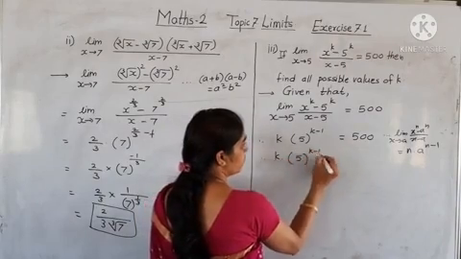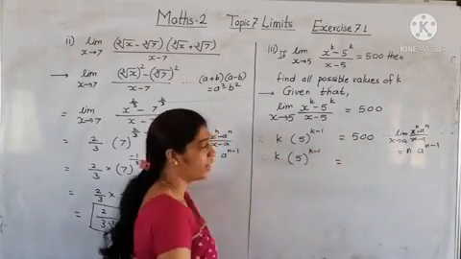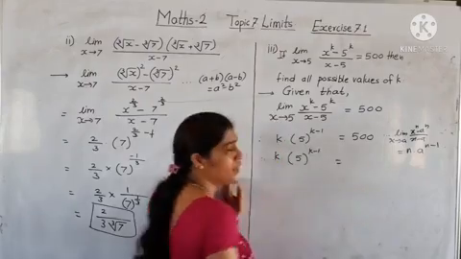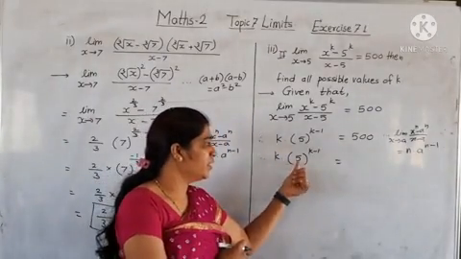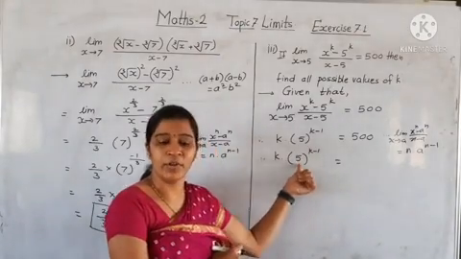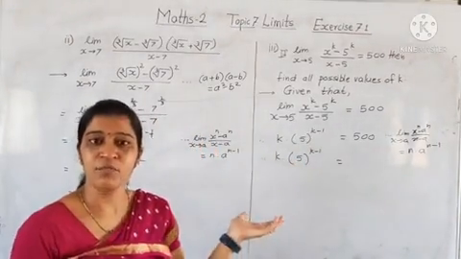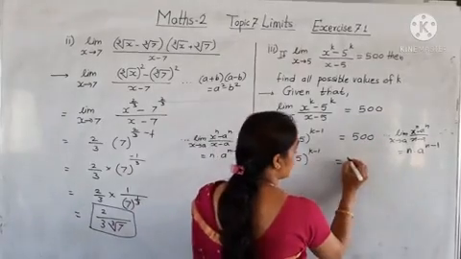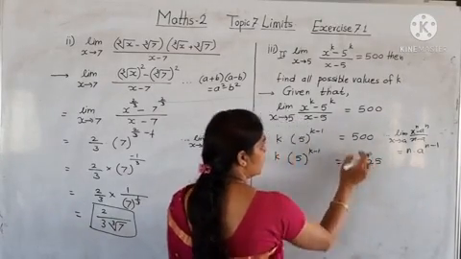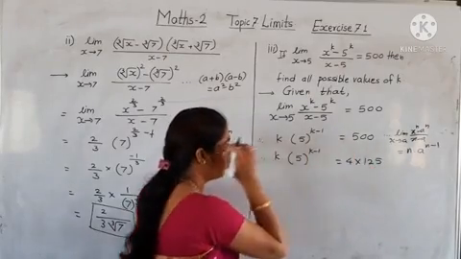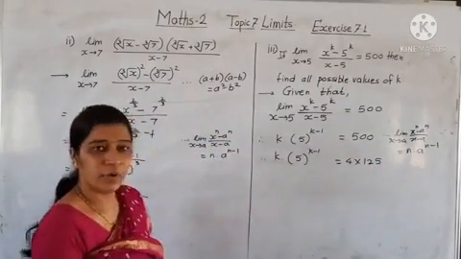So here we split this 500 such that it is in terms of power of 5. So I write here 4 into 125. See, 125 times 4 becomes 500.